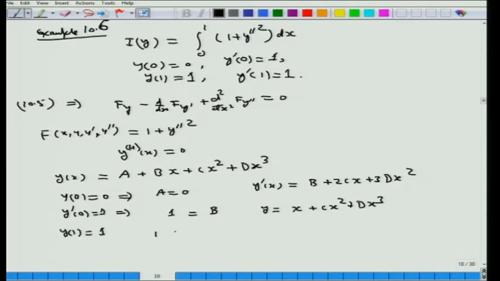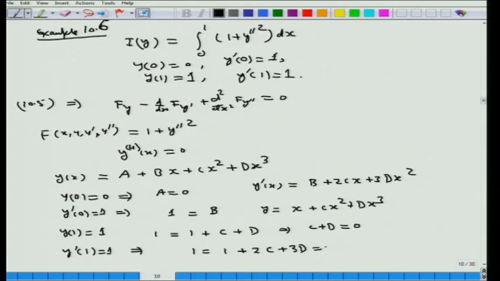So, we get 1 equal to 1 plus c plus d. This implies that c plus d equal to 0, and the last one, y prime at 1 equal to 1, implies that 1 equal to 1 plus 2 c plus 3 d, so 2 c plus 3 d equal to 0.